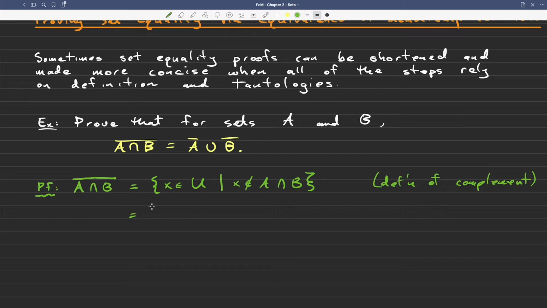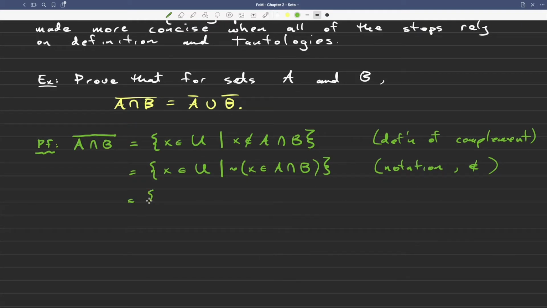And then that in turn I can write as the set of elements in the universe having the property that, I'm just going to emphasize, this is not (X is in A intersect B), like so. This is more of a notational issue of what not an element means. Not an element is just the negation of is an element of.